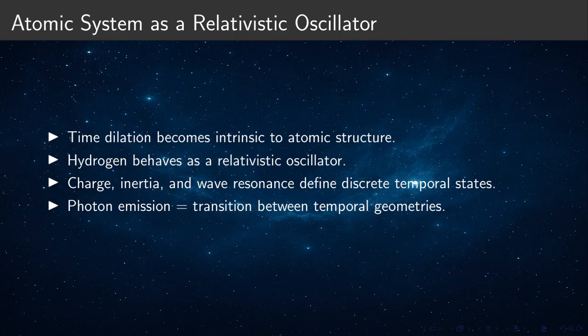Within this framework, photon emission during electronic transitions corresponds not only to a change in energy and wavelength, but also to a transition between distinct local temporal geometries. This provides a unified interpretation in which Bohr, de Broglie, and Einstein contribute complementary aspects of a deeper underlying structure: quantized matter as resonance within curved spacetime.